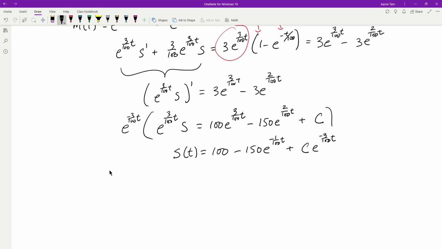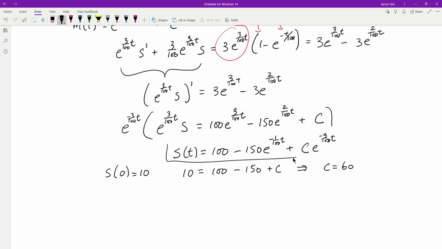Now, since we know our initial condition S(0) equals 10, because we're told there were 10 pounds of salt inside the solution to begin with, I can now say 10 is equal to 100 minus 150 times e^0, which becomes 1, plus C times e^0, which is also 1, so plus C, and therefore C must equal 60. So this is my general solution.